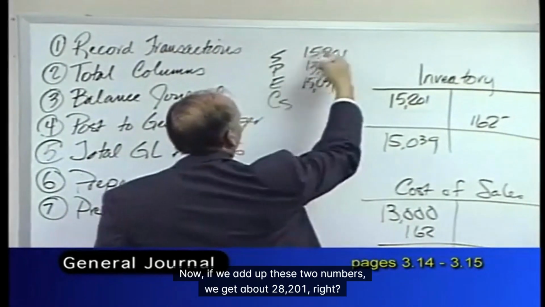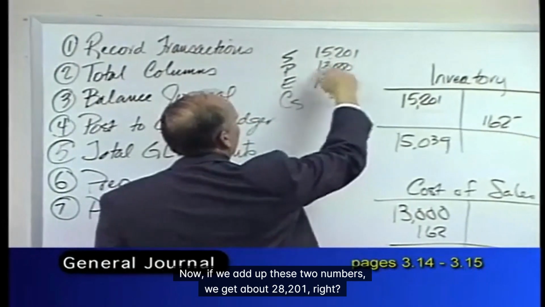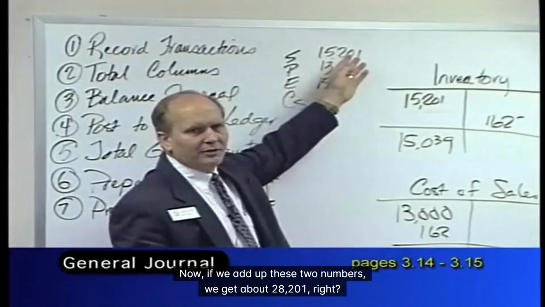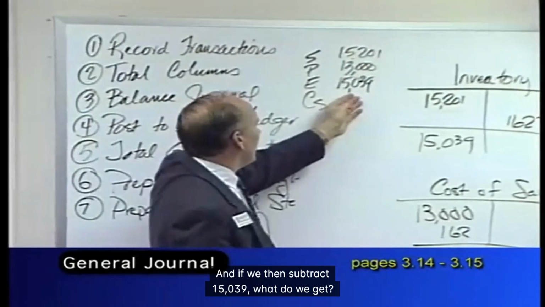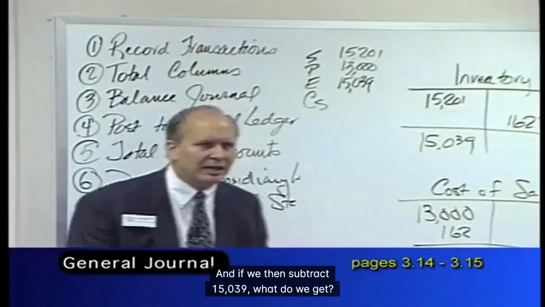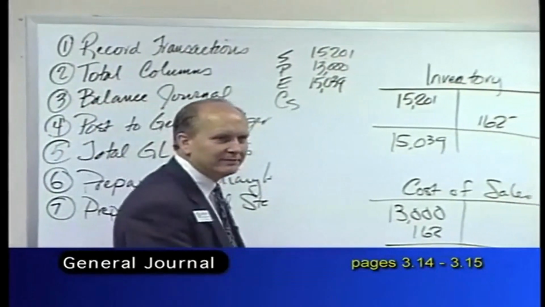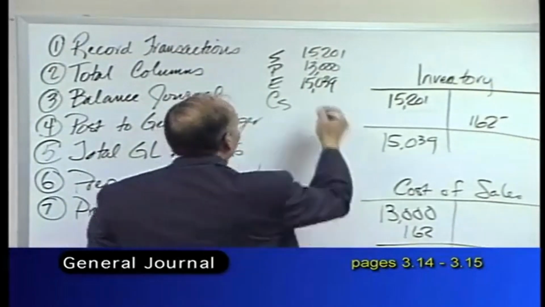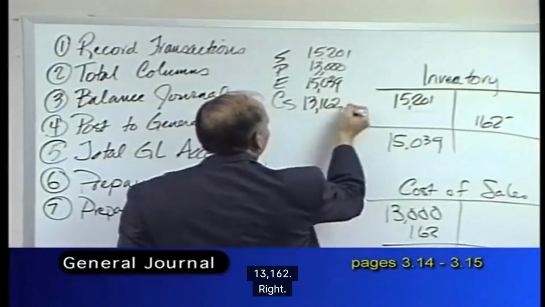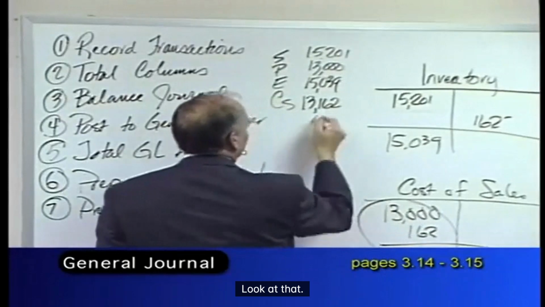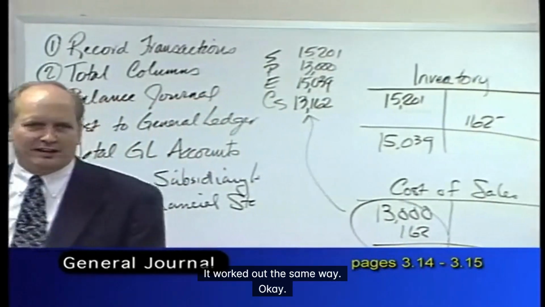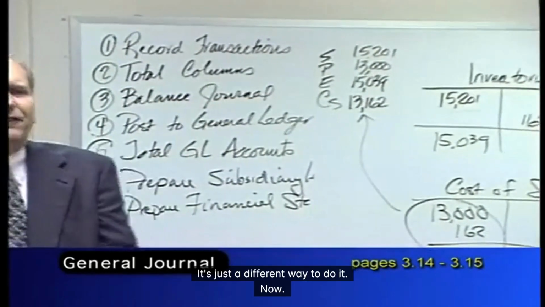Now, if we add up these two numbers, we get about 28,201, right? And if we then subtract 15,039, what do we get? 13,162, right? Look at that. It worked out the same way. It's just a different way to do it.